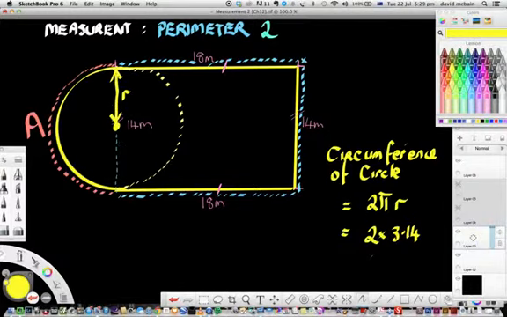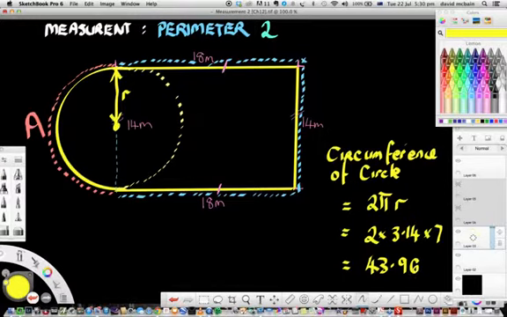So our radius must be half of that. So our radius must be 7. So I'm going to times that by 7. That's the radius. So if we work that out, we've got 2 times 3.14 times 7, and that equals 43.96. So that's 43.96 as the full circumference of our circle.